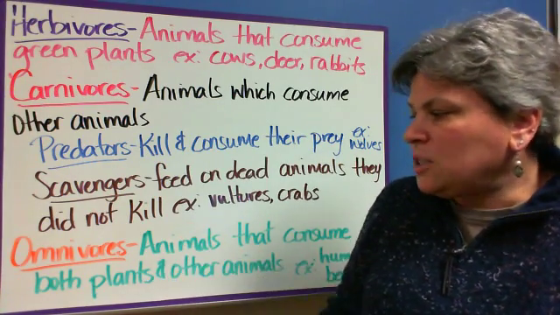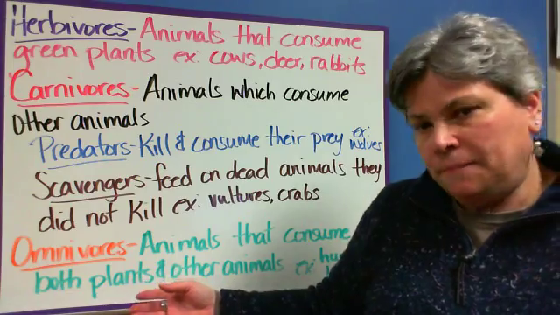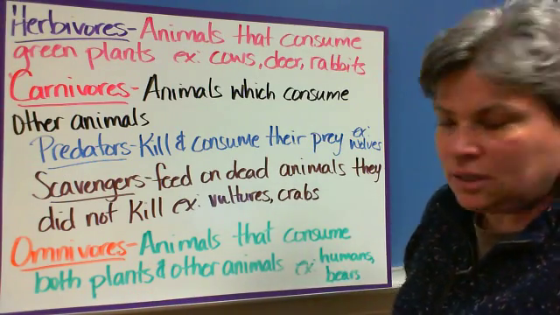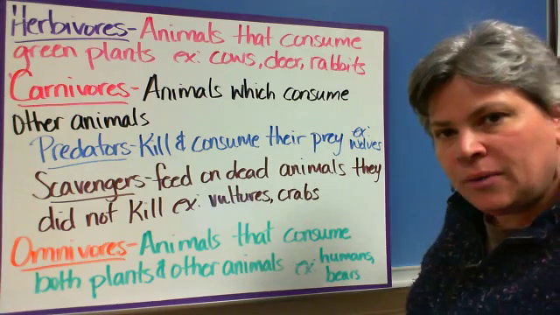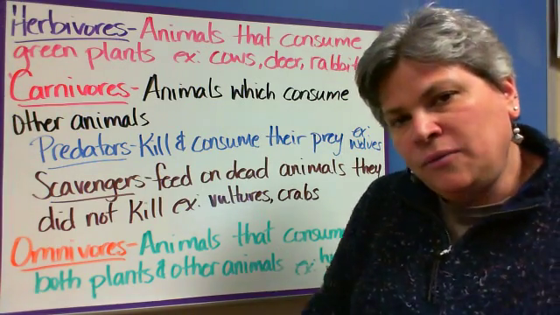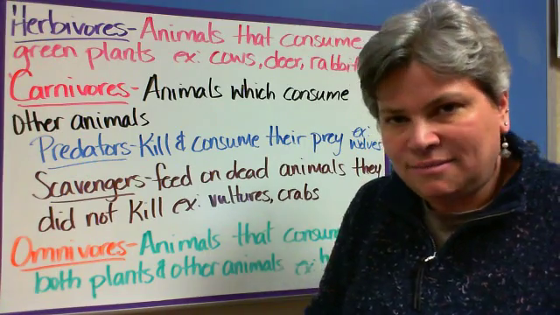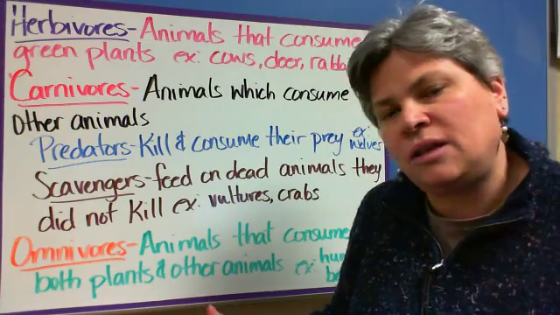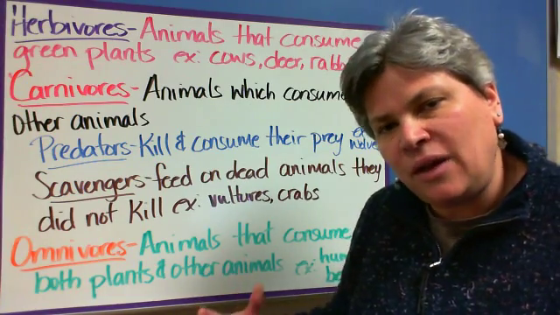And finally, the last one we need to look at is an omnivore. An omnivore is an animal that consumes both plants and animals, like a human or a bear. Something for you to know about an omnivore. Omnivores have decided, not consciously, but they have come to this conclusion that they have such a massive energy requirement.